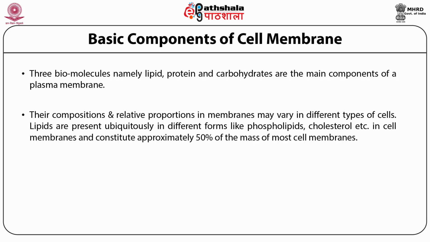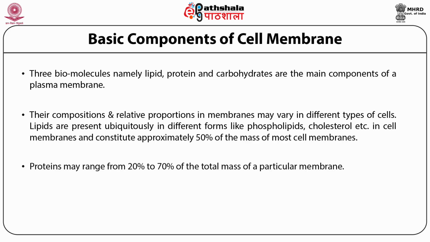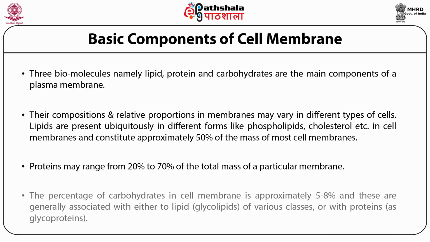Now coming to the proteins, proteins may range from 20 to 70% of the total mass of a particular membrane. The percentage of carbohydrate in cell membrane is approximately 5 to 8%, and these are generally associated either with lipids in the form of glycolipids of various classes or with proteins as a conjugate of glycoproteins.